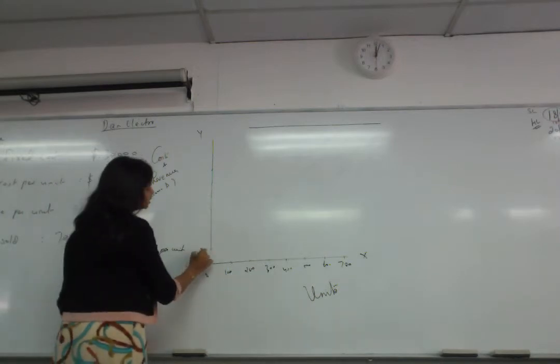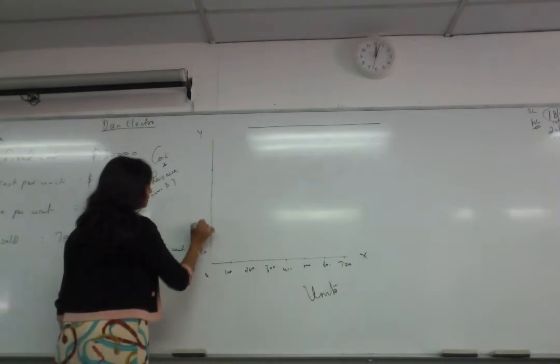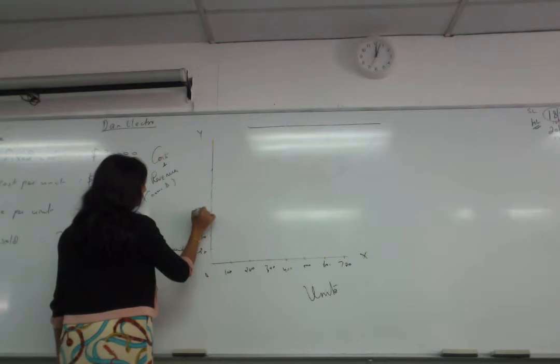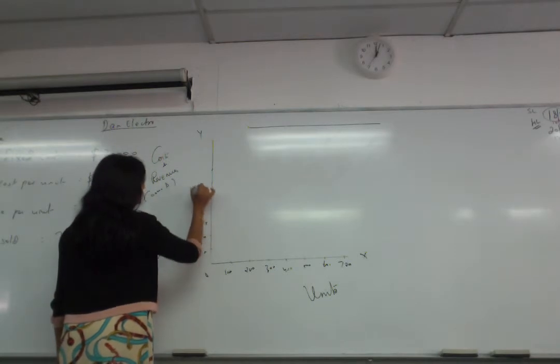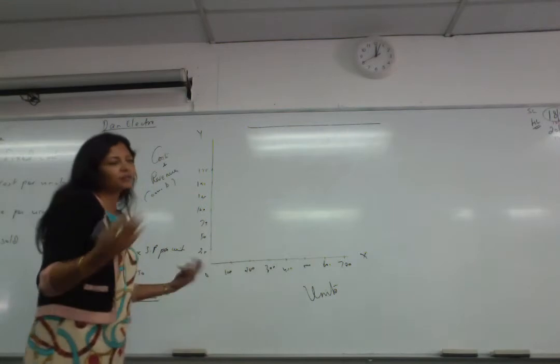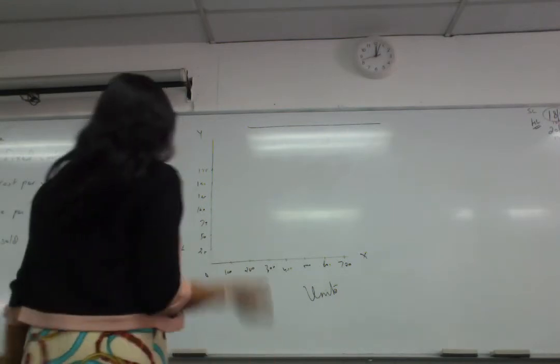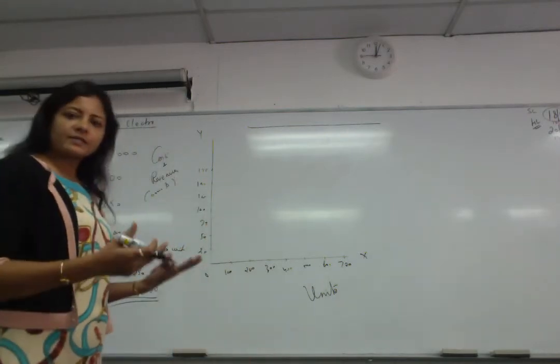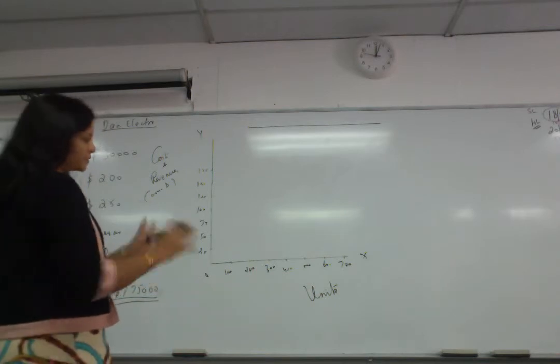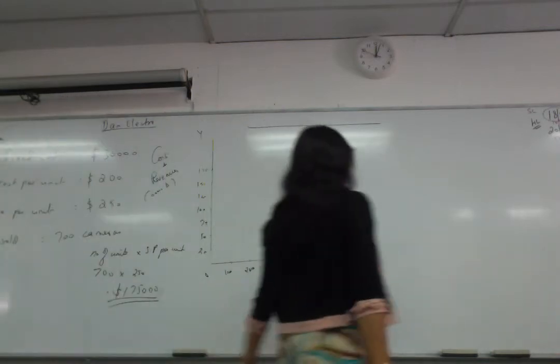Okay, so I'm just going to write 25, 50, 75, 100, 125, 150, and 175. I'm not going to bother filling up because it's not really needed. Okay, so this is the axis that you mark for x and y for this question.